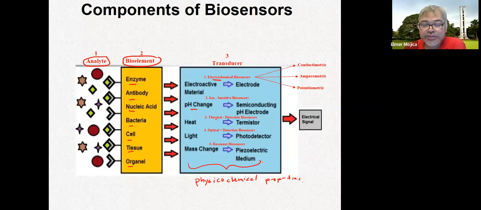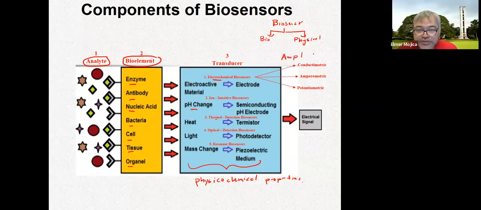And if you look at a biosensor, usually you have a biological component and a physical component. The biological component is the sensitive bioelement. In the physical component, you have the transducer, and sometimes you add an amplifier.